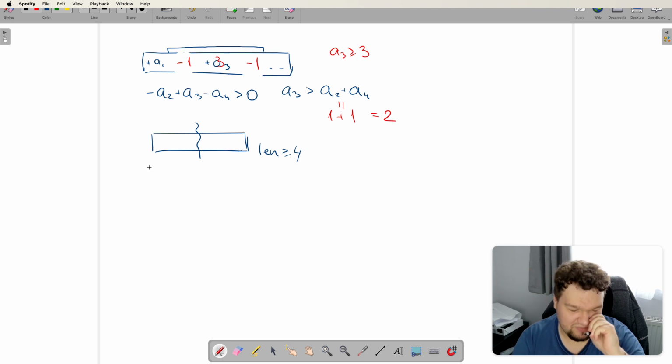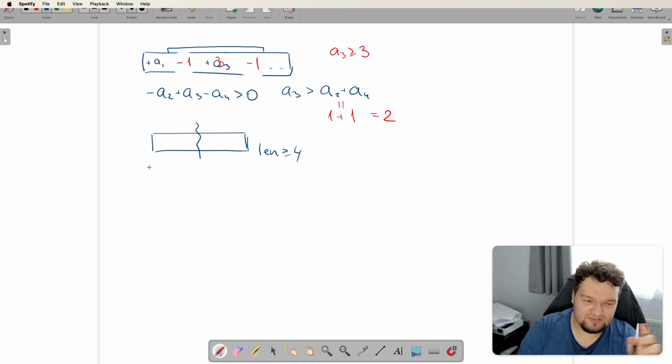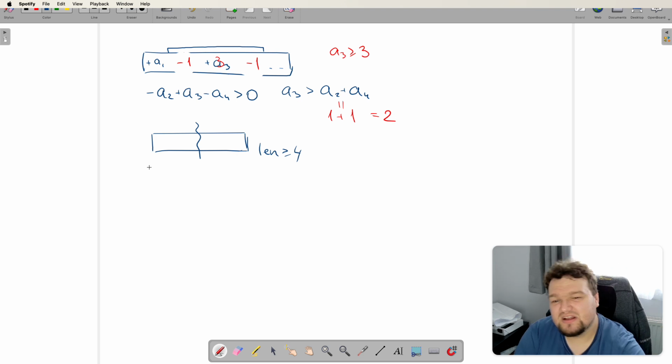The halves may be of different lengths, but we just need to make sure that both halves have length at least 2. Then both halves also must have positive sum because they have length at least 2.